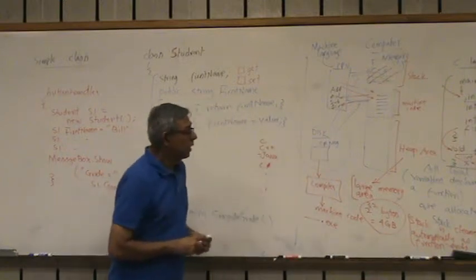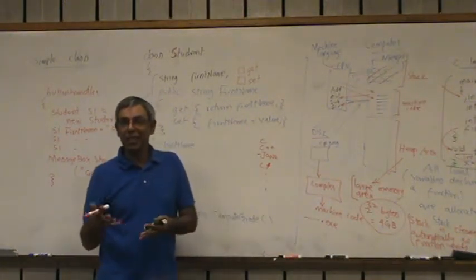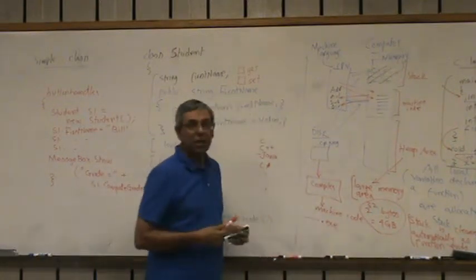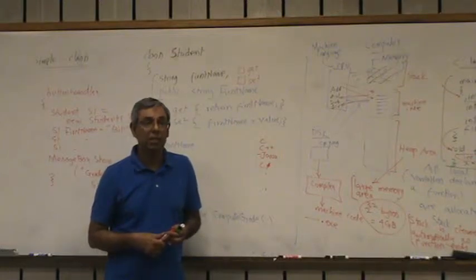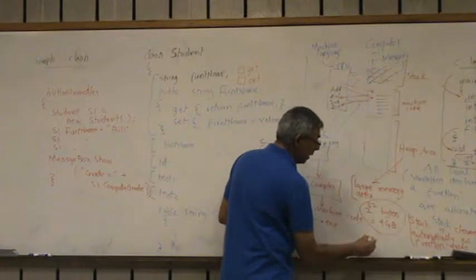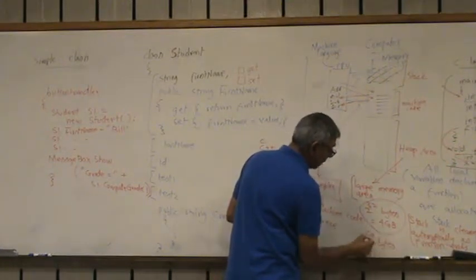At one point in time we thought it was huge memory, but today we think it's tiny memory, right? What if we have a 64-bit operating system? Technically speaking, the heap space available to us is 2 raised to the power 64 bytes.